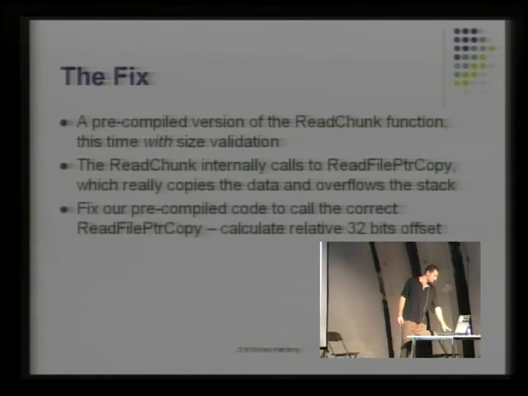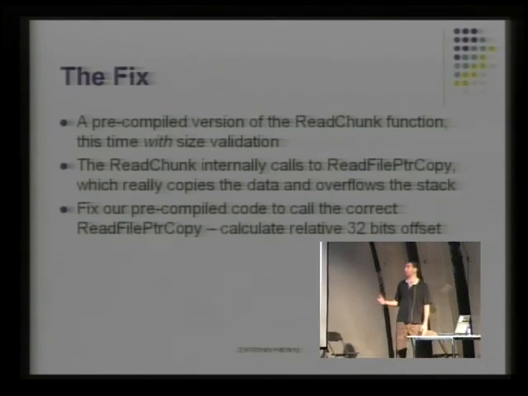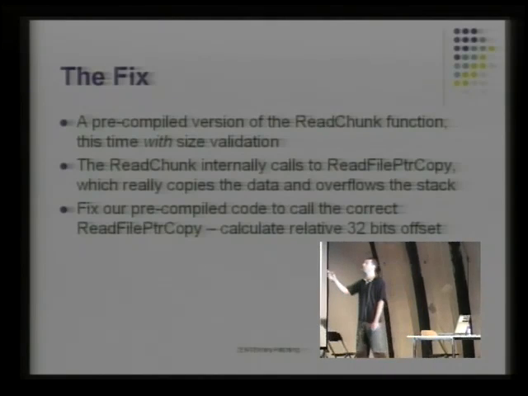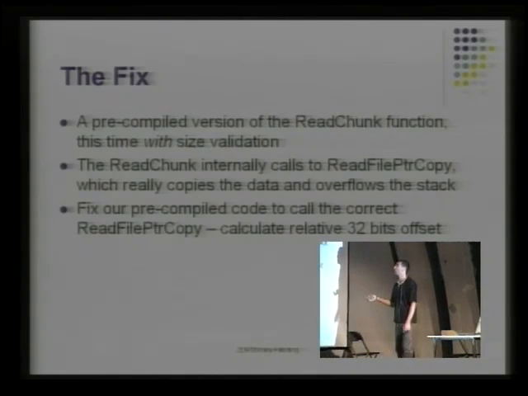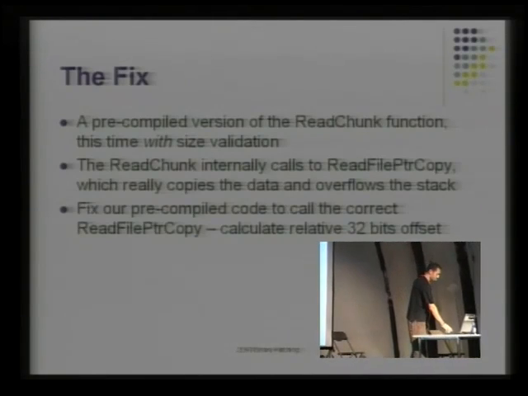Therefore, we have to find the address of read file PTR copy and relocate our new function. So what we do is fix the pre-compiled call, and again, calculate the relative 32-bit offset.